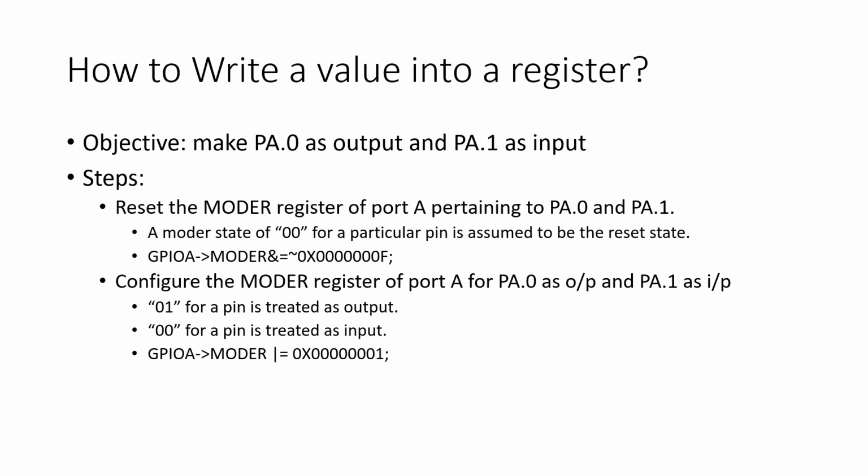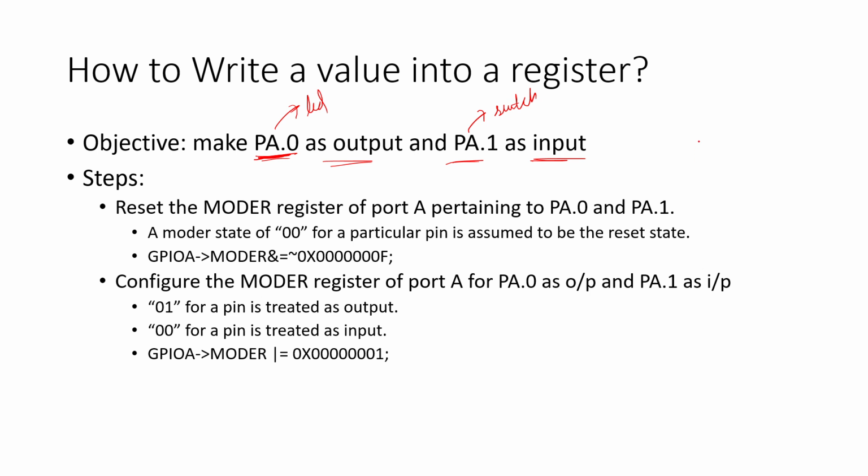Here, if I want to make PA.0 an output and PA.1 an input, as per our requirement, let us say for PA.0 you are connecting the LED, and for PA.1 you are connecting the switch. First, you have to reset the MODER register.